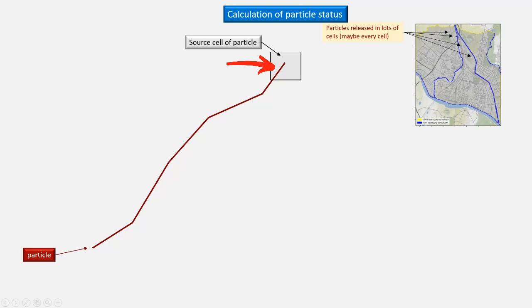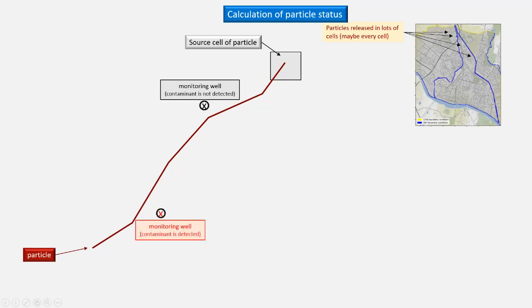So here we have a source of a particle, a cell in which a particle has been released, and it may or may not pass close to wells in which contaminant has or has not been detected. Notionally, we say there's a little halo that exists around that particle.